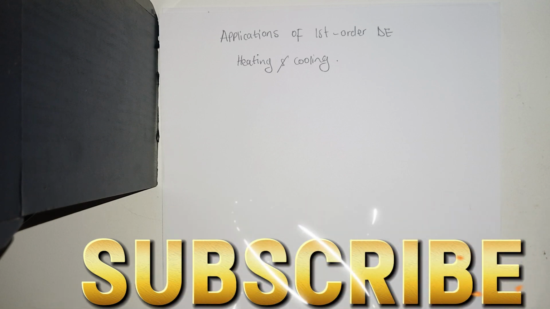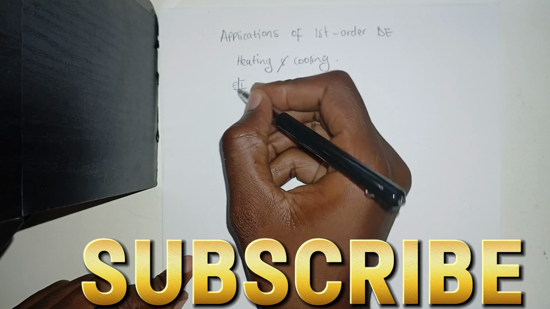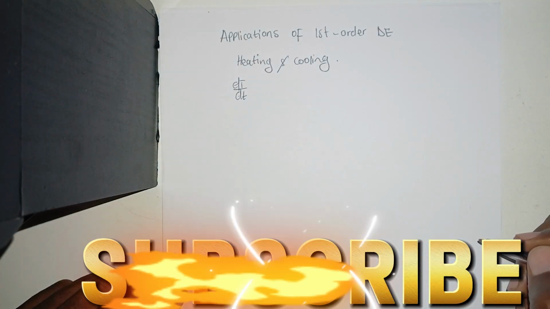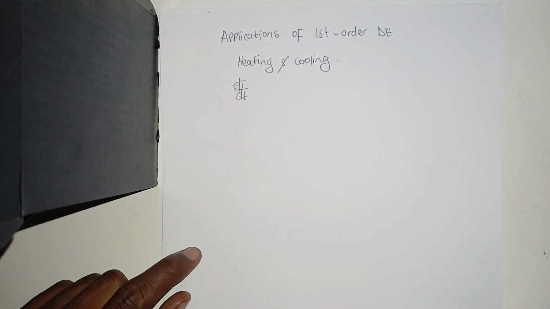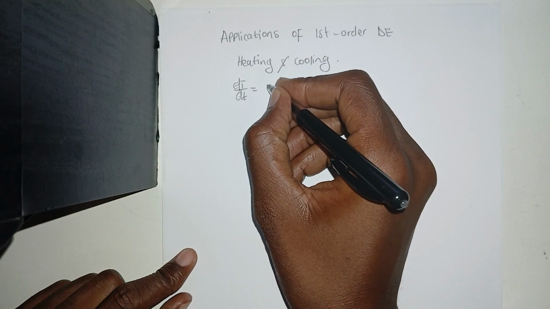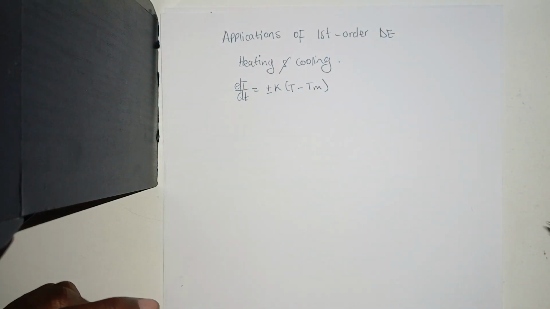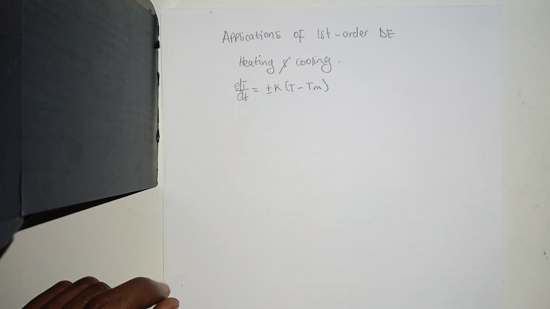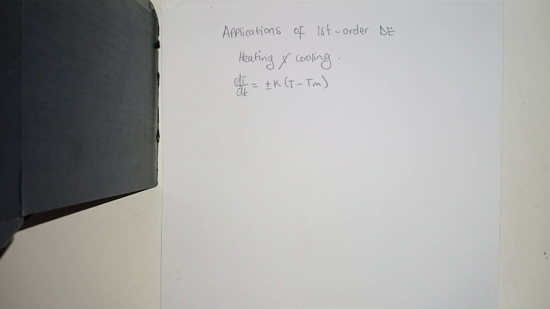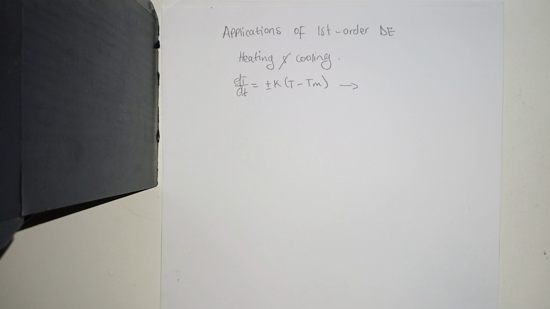They are portrayed by the equation dT over dt, the capital letter T over the small letter t, is equal to plus or minus k, open brackets, T minus Tm. This is our formula of heating and cooling.